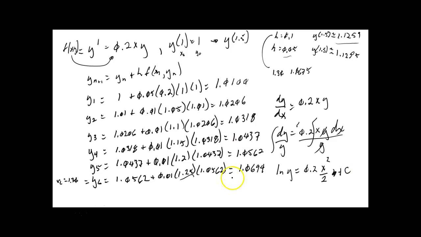Let's clean that up a little bit. Log y is equal to 0.1 x squared plus c, and then exponentiate both, and you get y equal to, I'm going to change my c, c e to the 0.1 x squared, which we've gotten before.